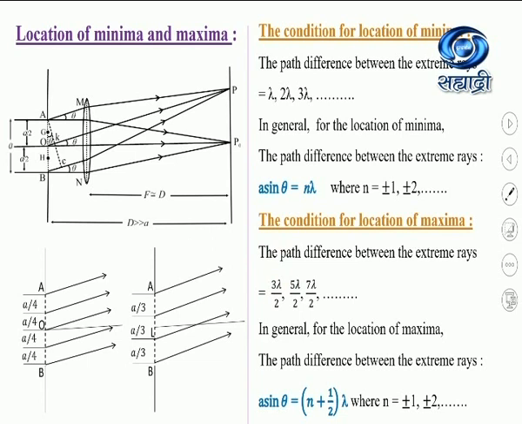So path difference between the extreme rays will be 3 lambda by 2 and we will get the first bright fringe after the central bright fringe. Then when n is equal to 2, we get the path difference as 5 lambda by 2 and that will be the second bright fringe or second maximum from the central maximum. So this is how we get the conditions for locations of maximum.